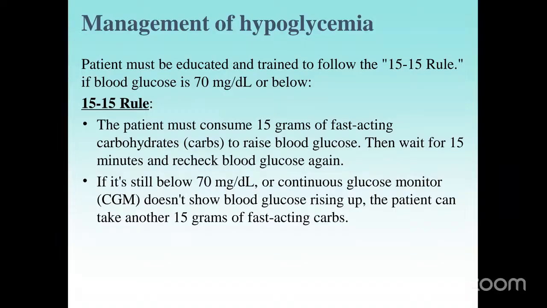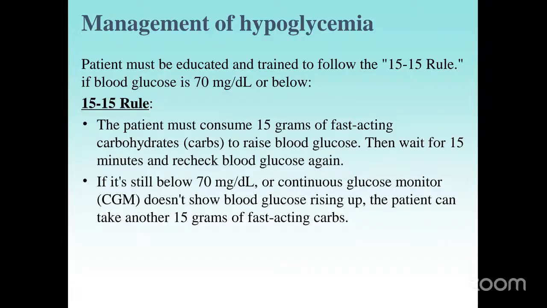This 15-15 rule is a simple rule, and can be used in any setting, at home or elsewhere. If the patient experiences any signs or symptoms of hypoglycemia, or the blood glucose is less than 70 milligram per deciliter, he is going to consume 15 grams of fast-acting carbohydrates to raise blood glucose.